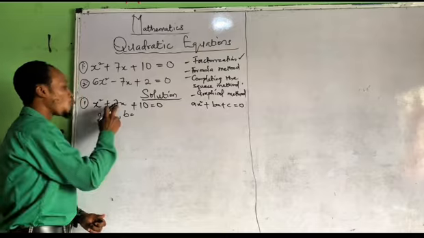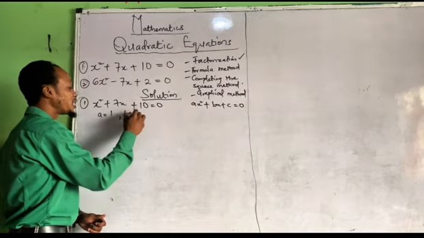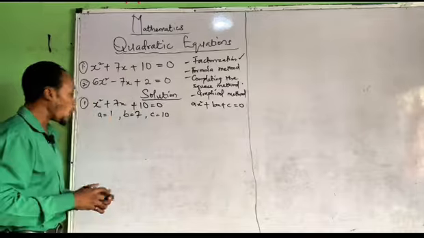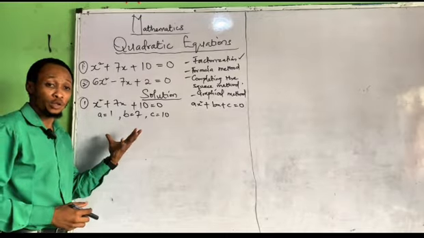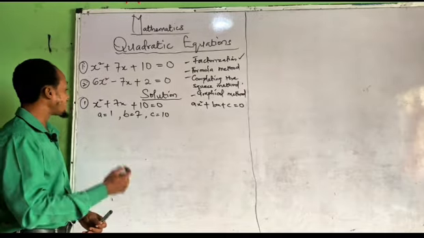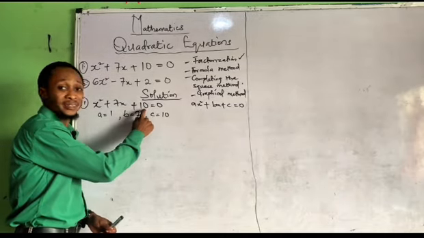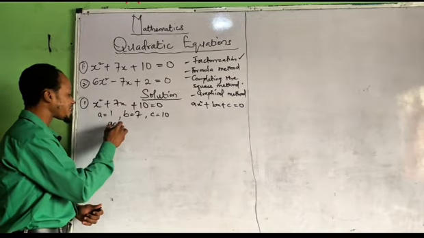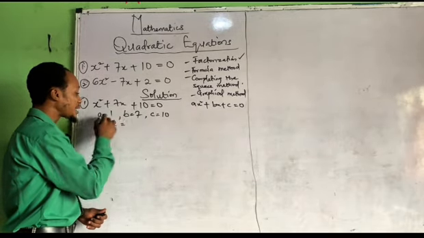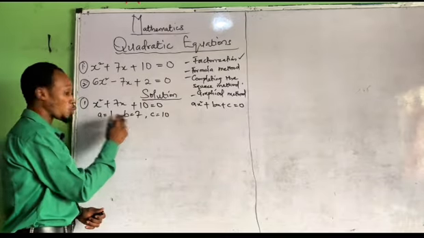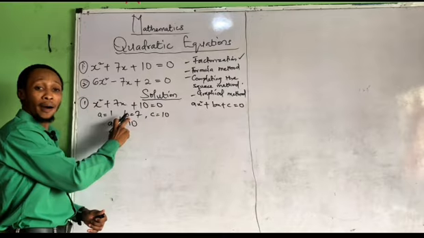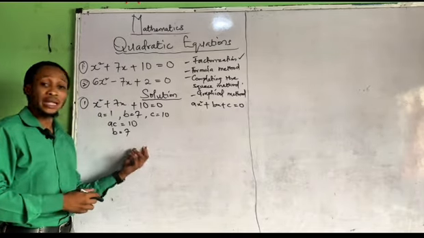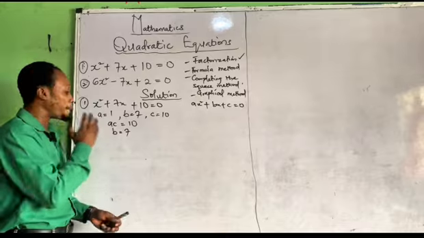Our b is 7, and our c is plus 10. In the factorization method, you need ac, the product of the constant and the coefficient of x squared. That is 10 times 1, which is 10. Also our b is 7, because these are the two things that we need: ac and b.